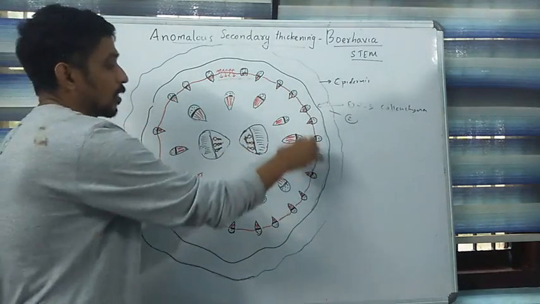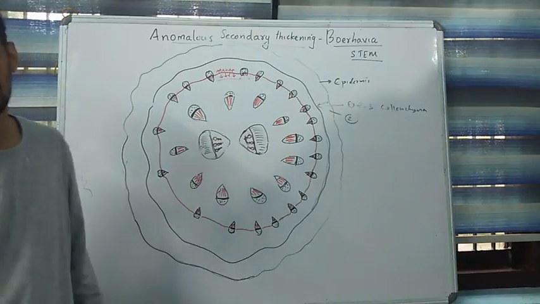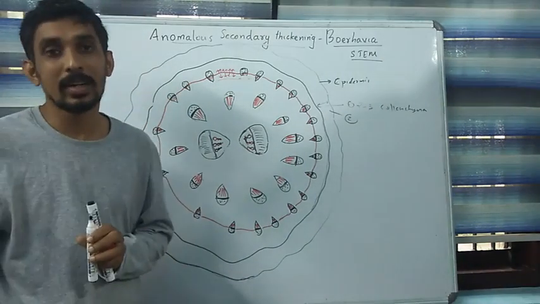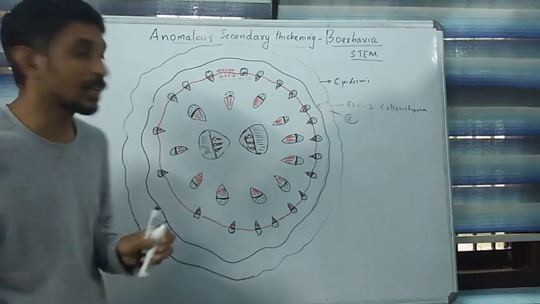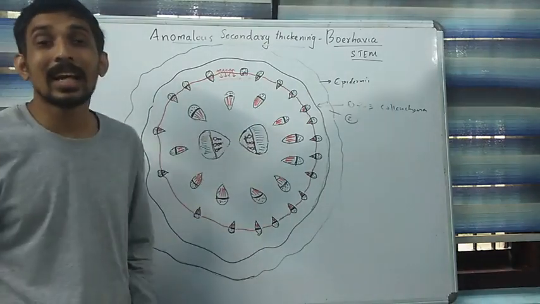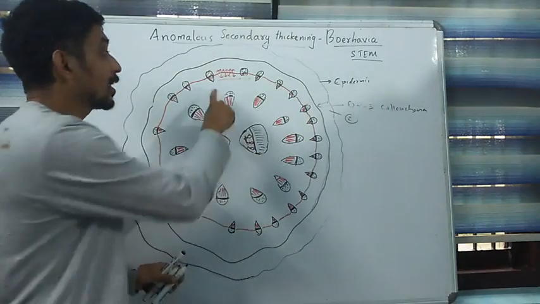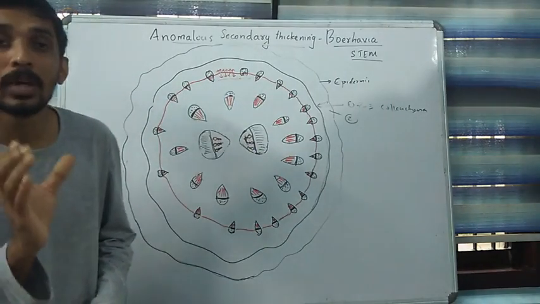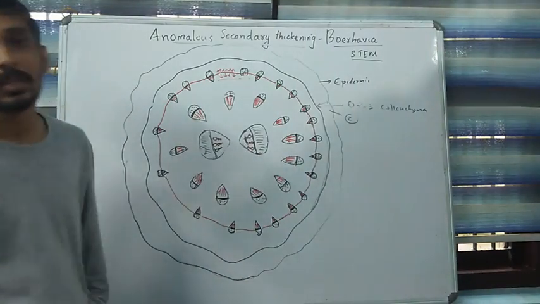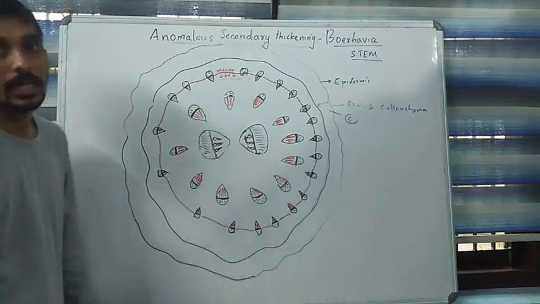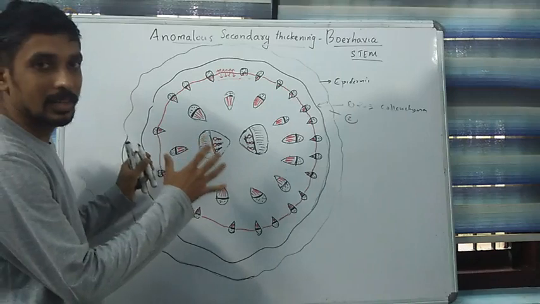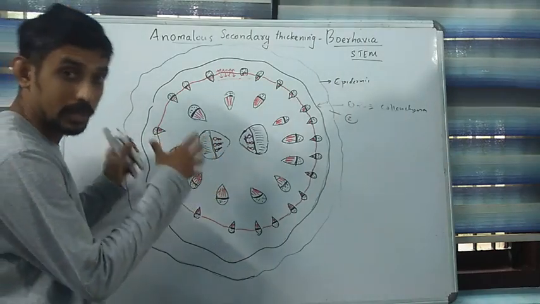That is the structure which will be generated after secondary thickening. This is somewhat different from an ordinary secondary thickening, because in ordinary secondary thickening, the newly produced secondary xylem is a continuous layer, but here it is a discontinuous layer due to the presence of conjunctive tissue in between adjacent secondary xylem. This is the secondary thickening which happens here.